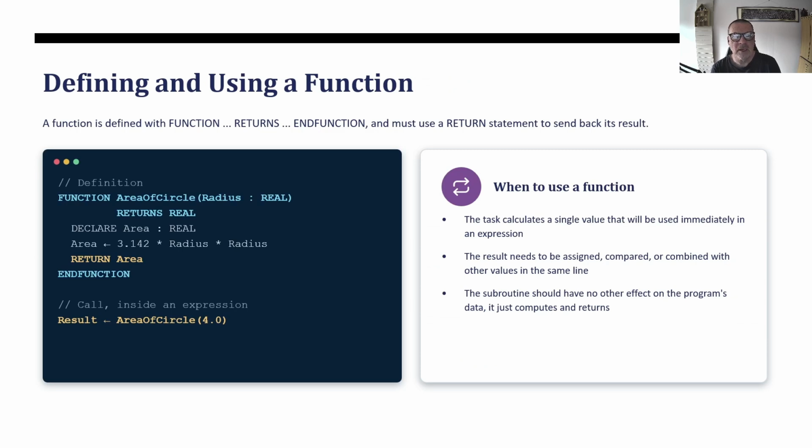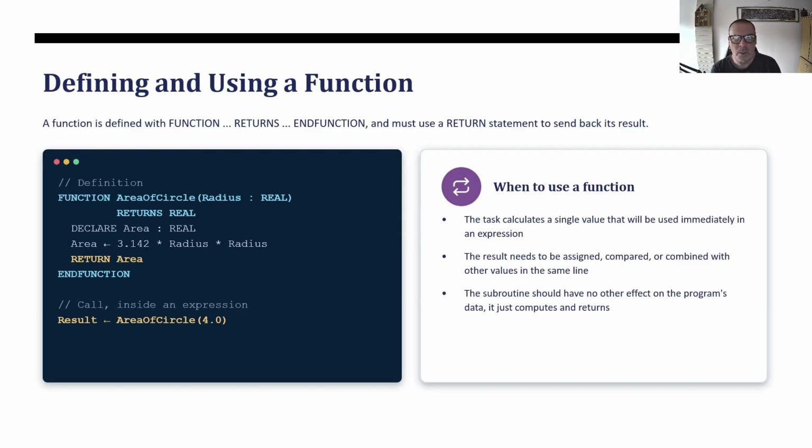So now let's look at defining and using functions. So in CI pseudocode again, we use the word function followed by the name of the function followed by the parameter list. One difference now, you'll notice that we also have this word returns with a data type.